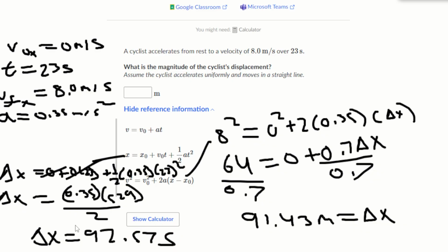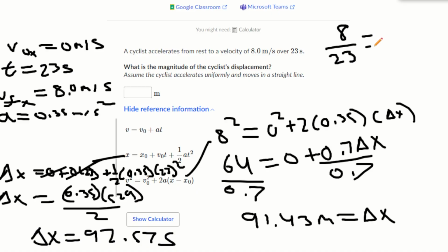92.575. Now, you may be wondering, why do I have 91.43 meters and 92.575 meters? That is because I did not round my number well. If you notice, for my acceleration I had 8 divided by 23.